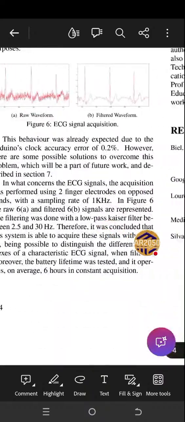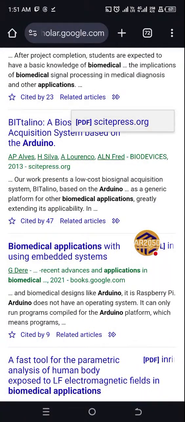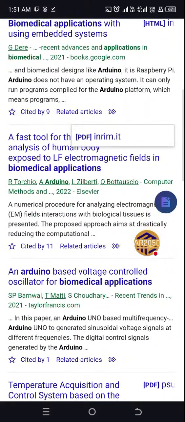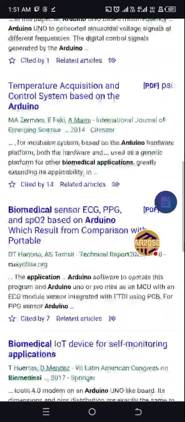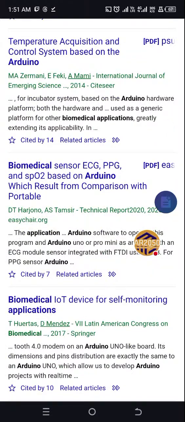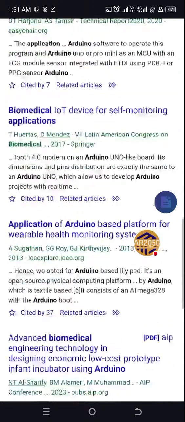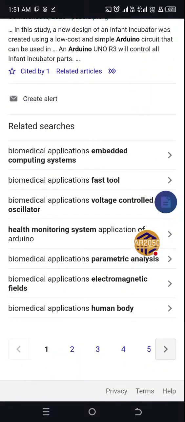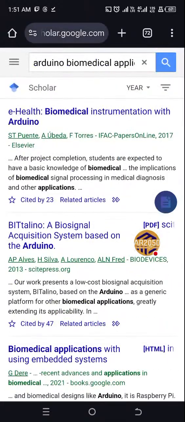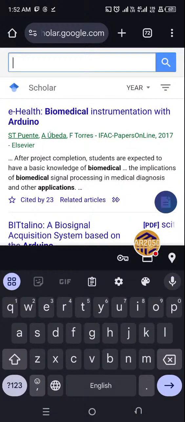No, they are just using the ECG signal, so it is overdone. Okay, let's go back.